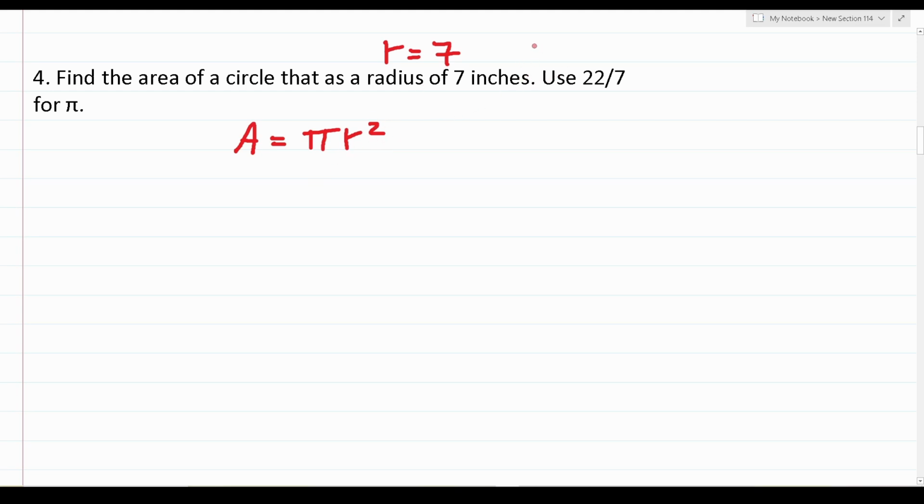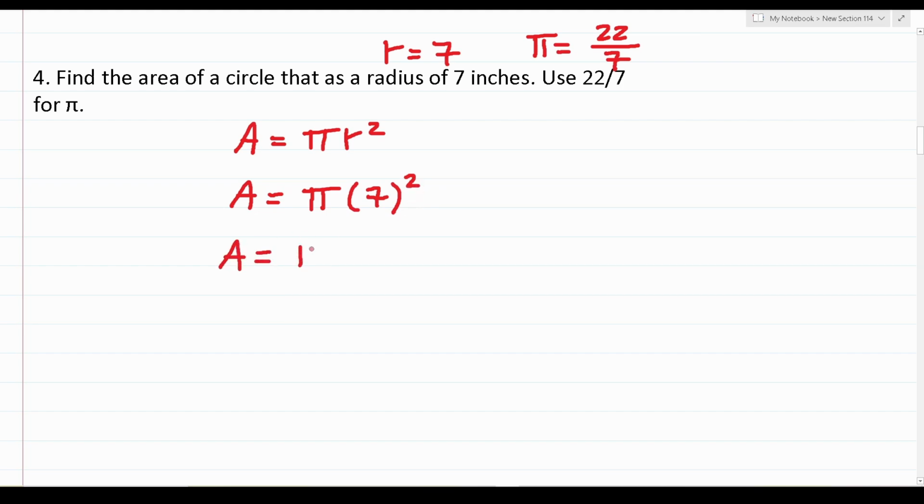And in this case, we're going to be using 22 over 7 to approximate pi. But let's hold off on that for just a second here. We have area equals, again, we're going to plug in pi in just a few minutes. We know r is 7 according to the problem, and that's squared.